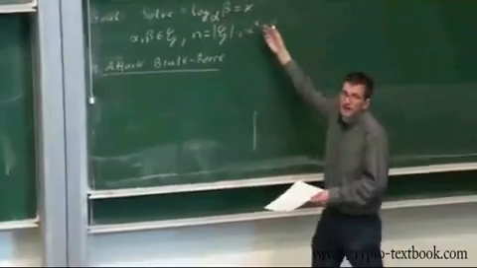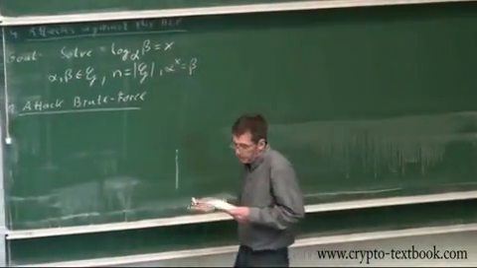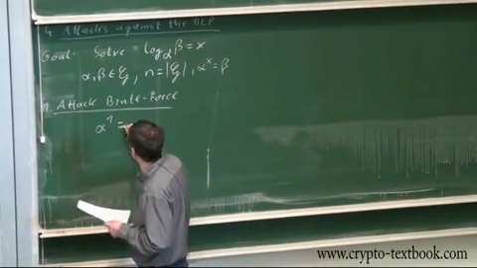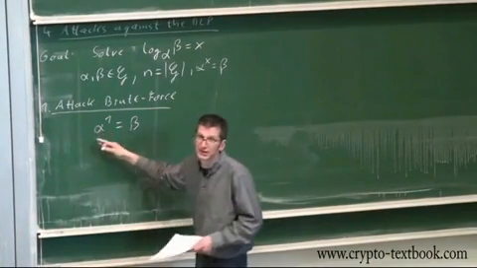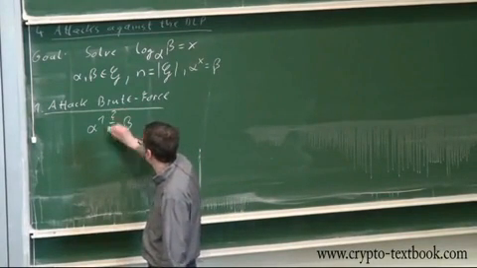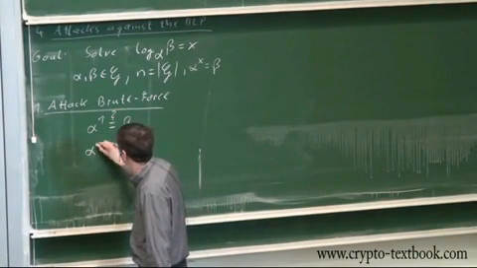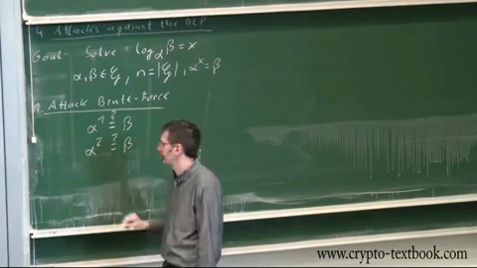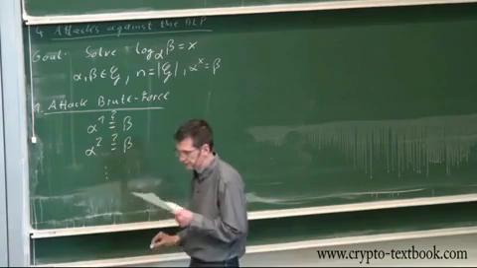So now, we have to find this well-behaved x. Okay, so what we can do is, well, you simply try all possible x's, right? You check if I raise alpha to the first power, which is not that difficult, is this actually better? Probably not. You try the next one, and so forth.